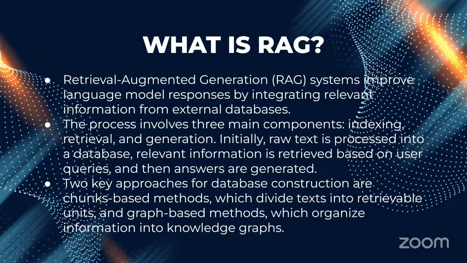Indexing is converting data into searchable representation, retrieval is about fetching this data by using the user query, and the final generation is about generating the output by combining the retrieved data along with the model's own information.